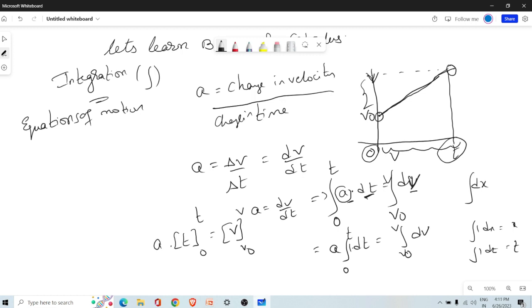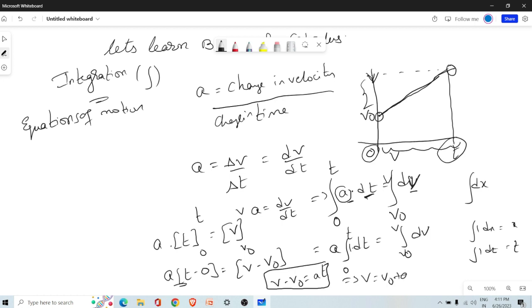From this I can write a into upper limit t minus lower limit 0 is equal to upper limit v minus lower limit v naught. From this, v minus v naught is equal to a into t, which is the first equation of motion: v is equal to v naught plus at, on transposing v naught to the right side. So we can derive the first equation of motion by using the concept of calculus.